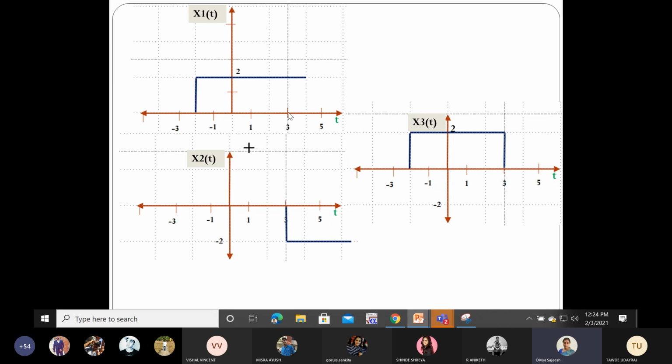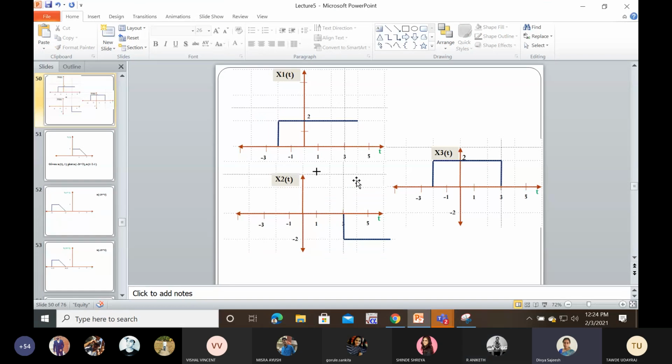After time interval 3, the amplitude of one signal is plus 2 and the other signal is minus 2. So while I add them, it will get cancelled. So you will be left with a rectangular signal whose amplitude is 2. Okay. So this much only for today.